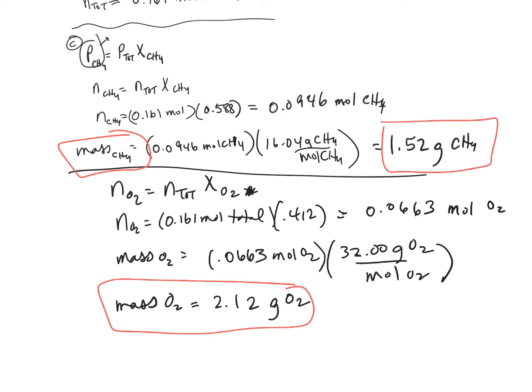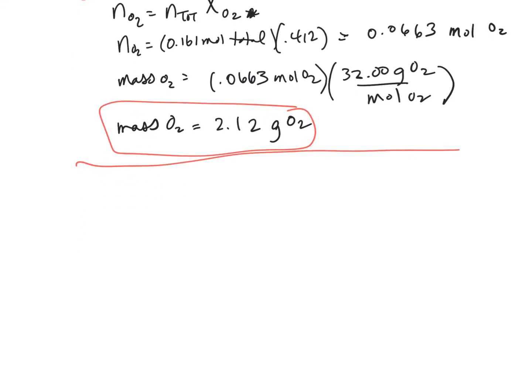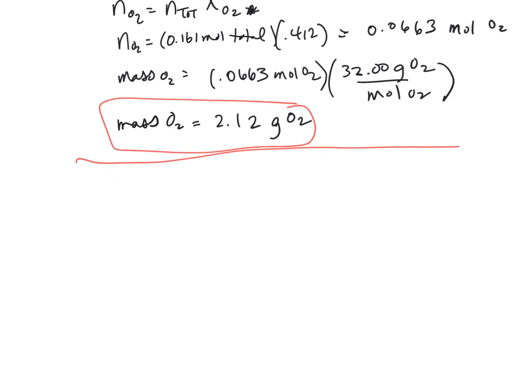Now let's do part C. Okay, so then we have number 3, and number 3 is a reaction of butane plus oxygen.